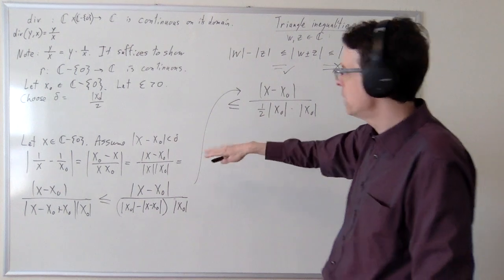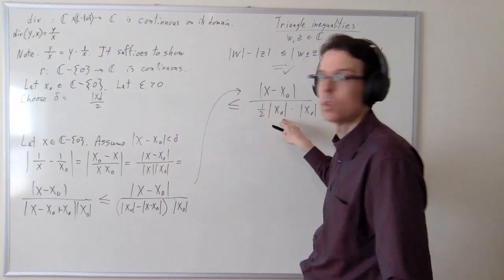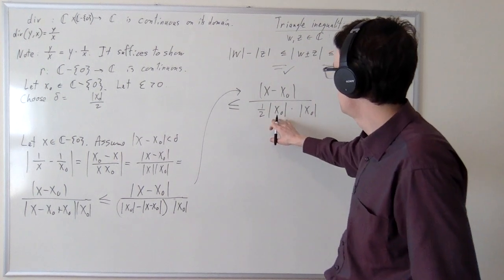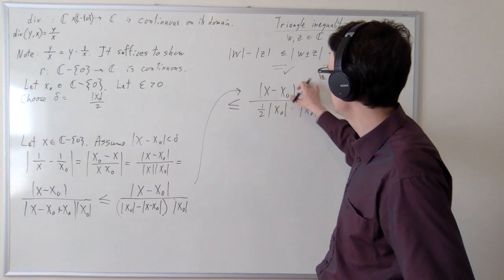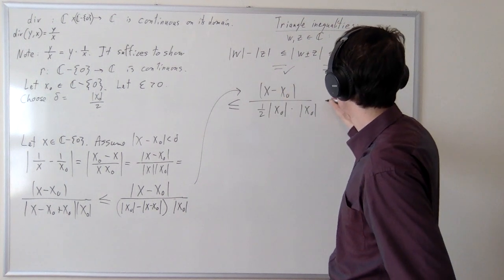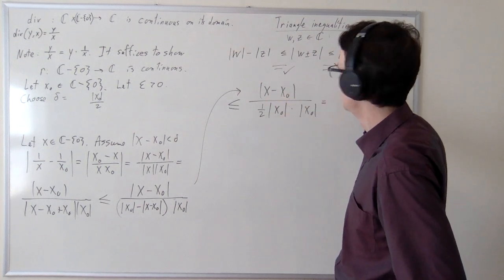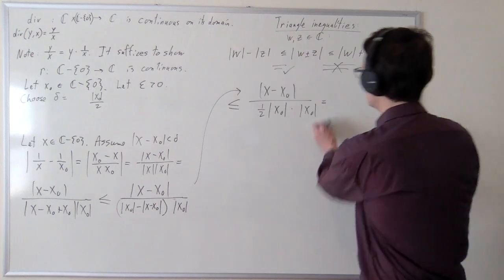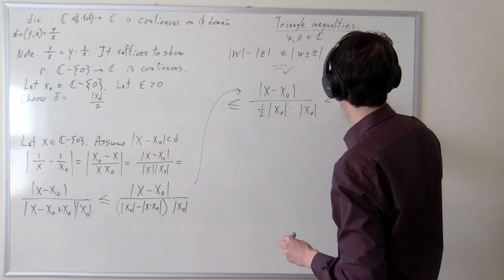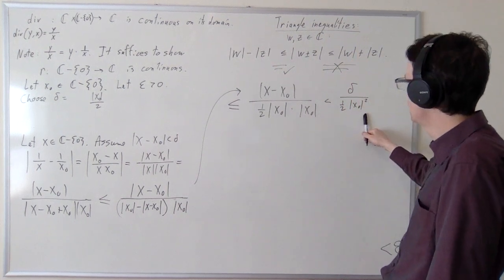And notice we've paid a lot to do this, but now instead of absolute x in the bottom, I have absolute x naught, which is really what I need. Now, all I need to do is rig the value of delta so that this says epsilon. So I'm going to say that's less than or equal to delta, well, less than delta over 1/2 modulus x naught squared.